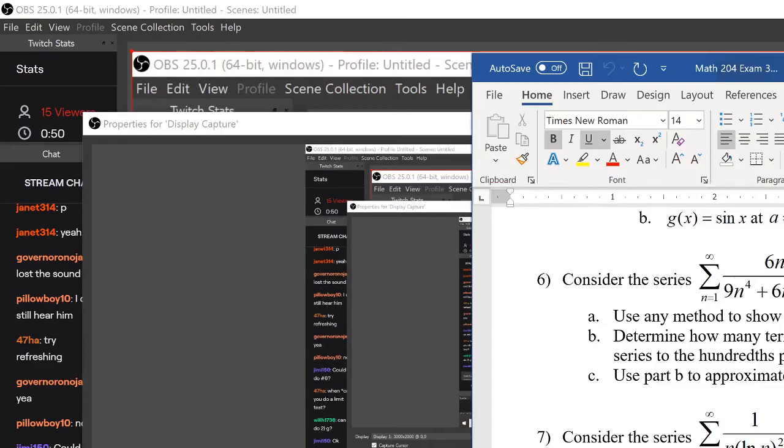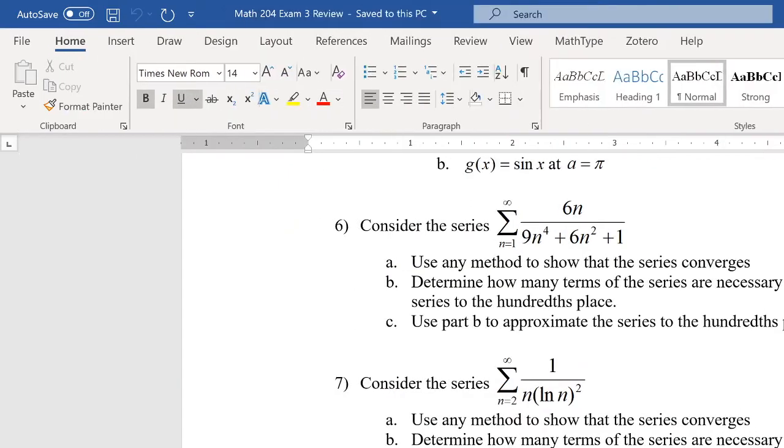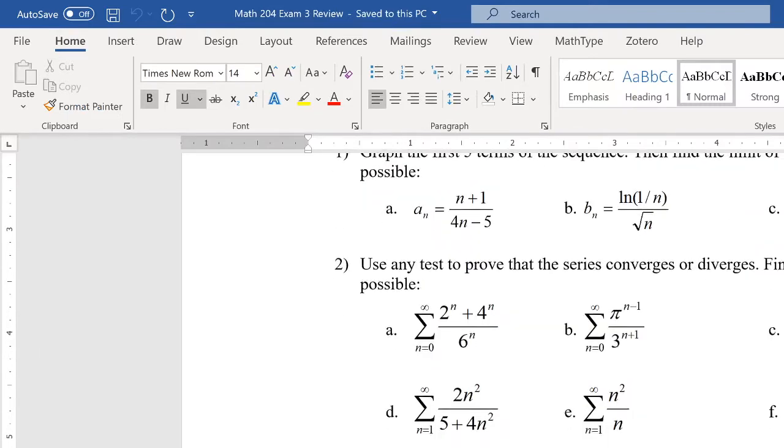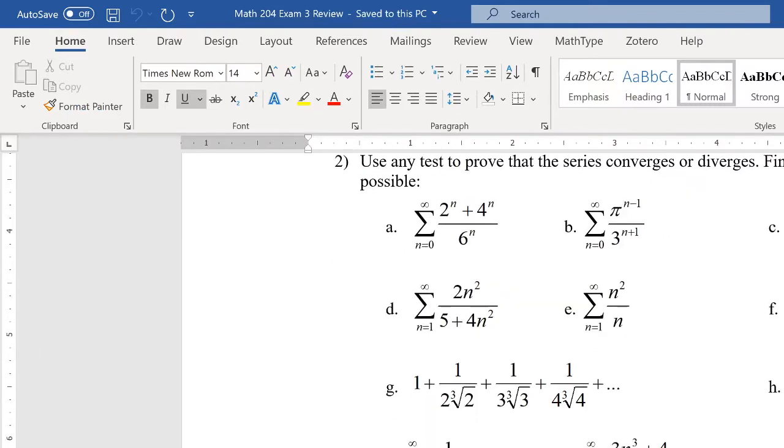I always love when it does that. Alright, can everybody see the exam? Or the review, I mean? Just give me a second, I gotta open up the app on my phone so I can see your responses while I'm looking at this.